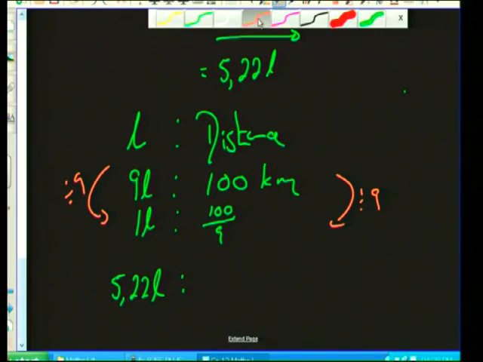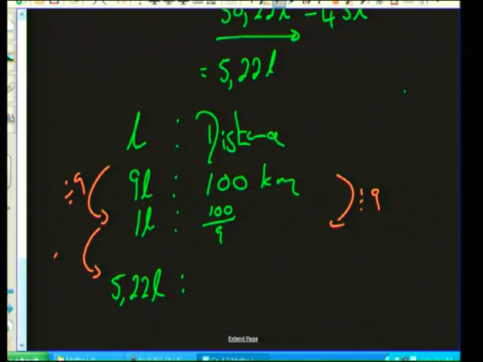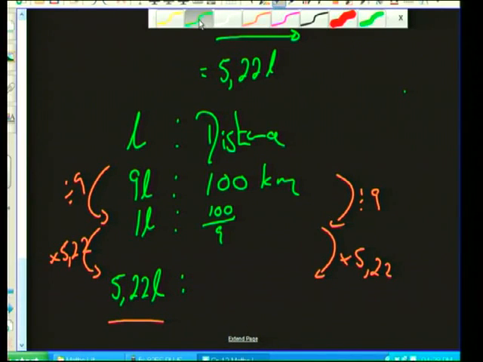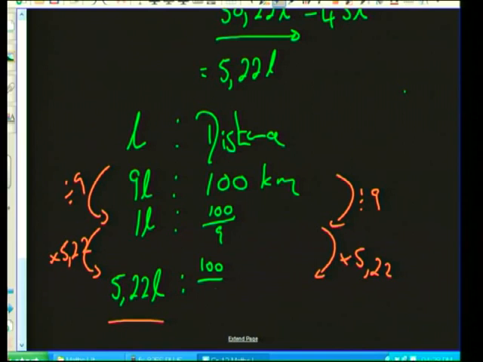So how many kilometres can I do on 5,22 litres? So what am I going to do? I'm going to take this 1 and multiply by 5,22 to get 5,22, which means this side now I'm going to multiply by 5,22 as well. So I've now got 100 over 9 multiplied by 5,22.